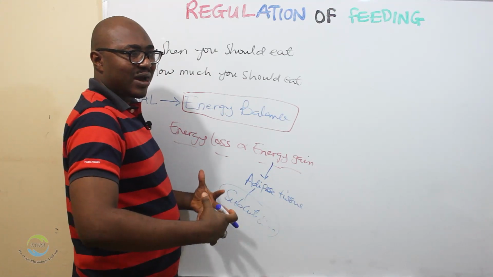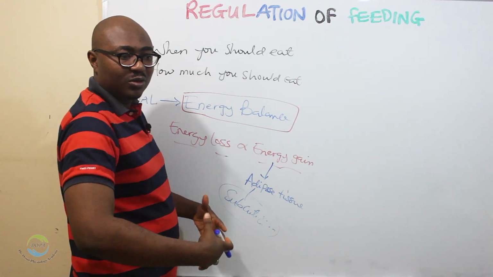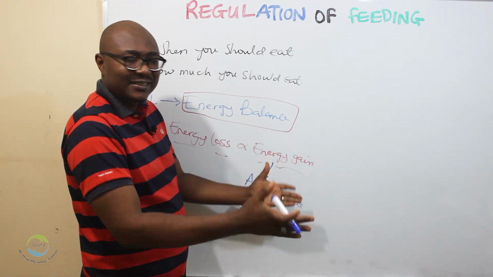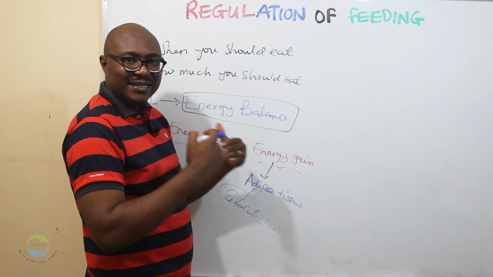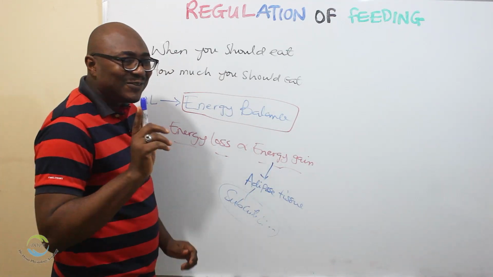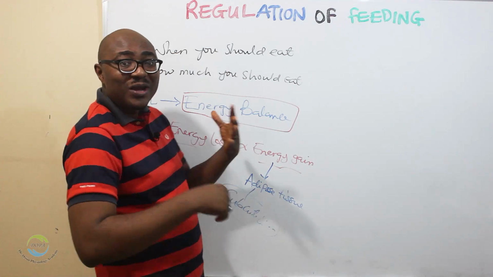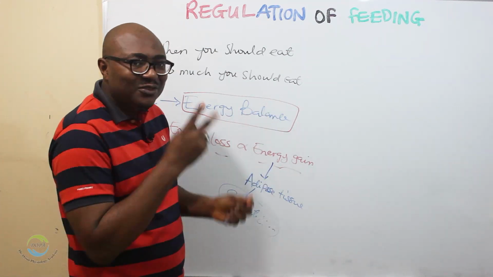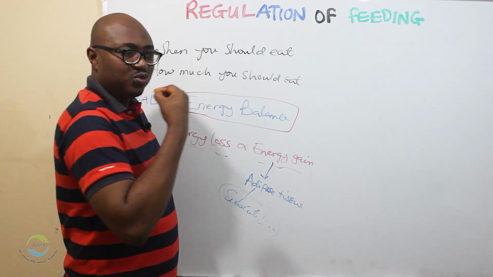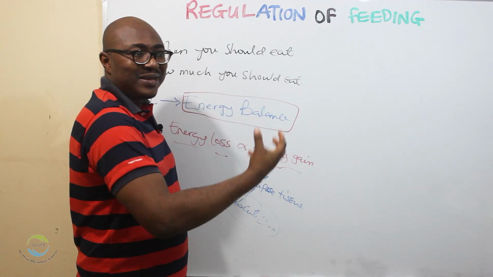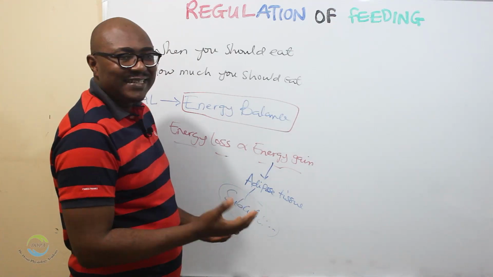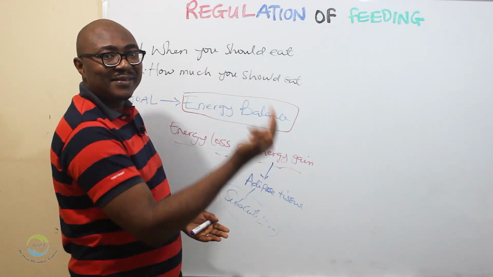So when you see people who are big, have a lot of fat, adipose tissue, it's trying to tell you that they are taking in more energy than they are expending. And if you look at a lot of weight loss programs, people that want to lose weight, there are two things that go on there. They now do what will make them lose more energy, and they now reduce what will make them gain energy.